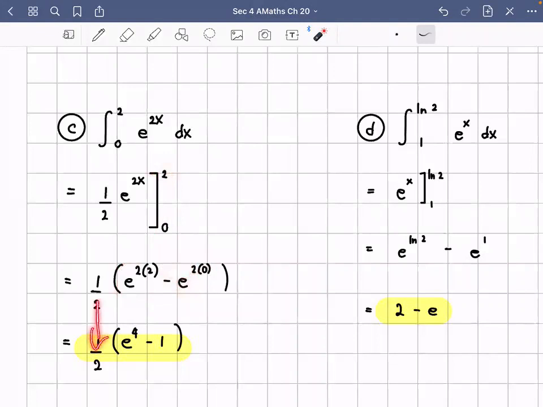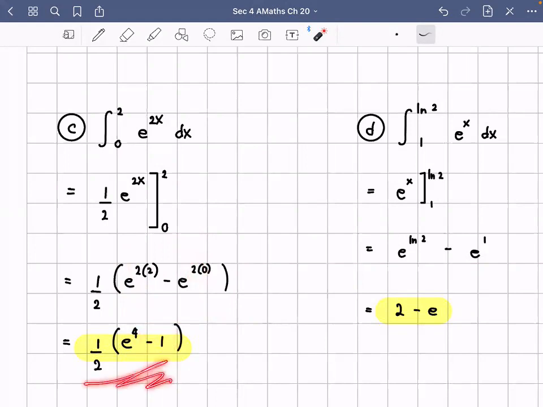So bring down 1/2 and answer this. Basically, you will have e raised to 4 minus 1. Again, this is 2 times 2, that's why this is 4. This is 2 times 0, that's why this is 0. Any number raised to 0 is equal to 1.